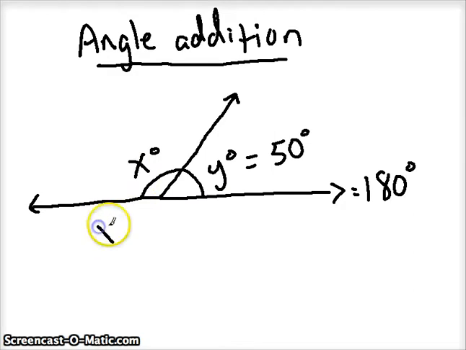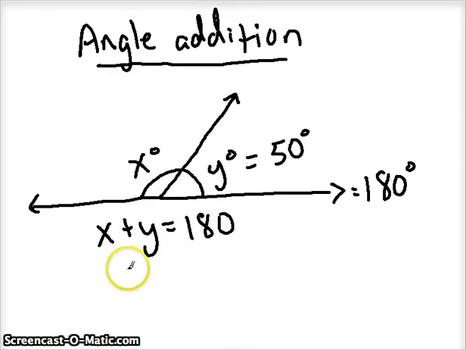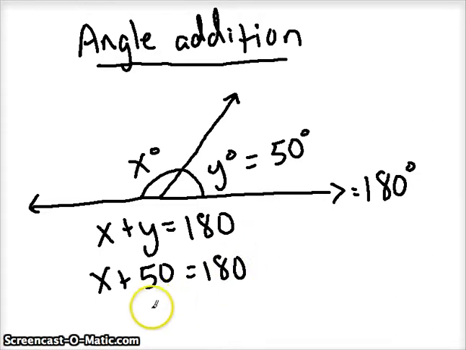So I could say that x plus y equals 180, and I know y, so x plus 50 is still 180. And I could use my algebra here to isolate x and get it by itself. In order to do that, I need to undo adding 50 by taking 50 away.